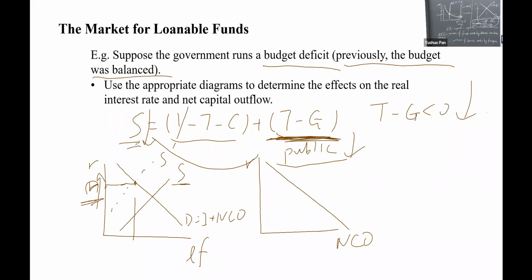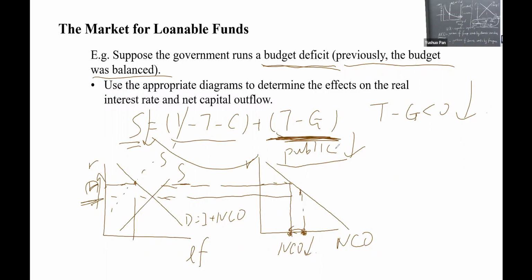So if this is the original R, and that's the original NCO, and because of the budget deficit the real interest rate increases, the new NCO will decrease from this point to this point. That's the decrease of NCO.